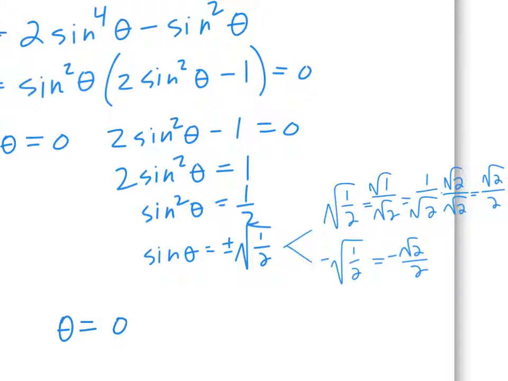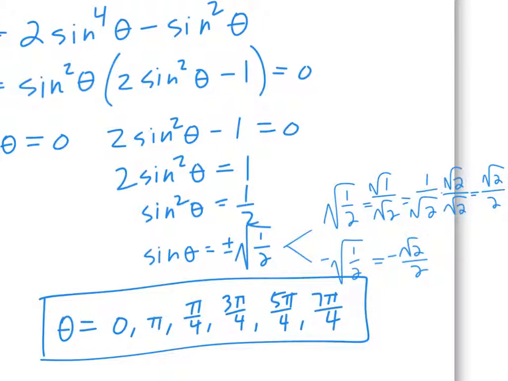The answers are 0, pi, pi over 4, 3 pi over 4, 5 pi over 4, and 7 pi over 4. 2 from each equation. 0 and pi both give sine 0. Oh yeah, you forgot the other one.